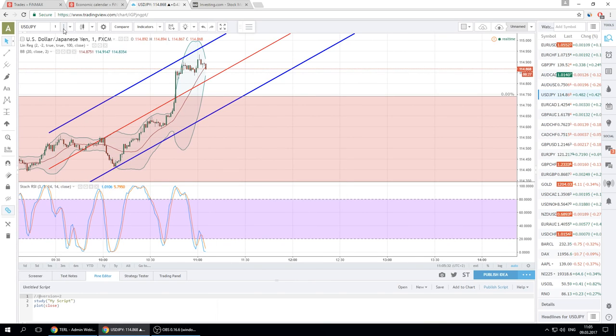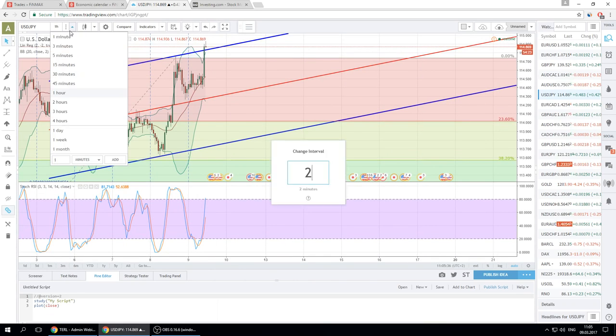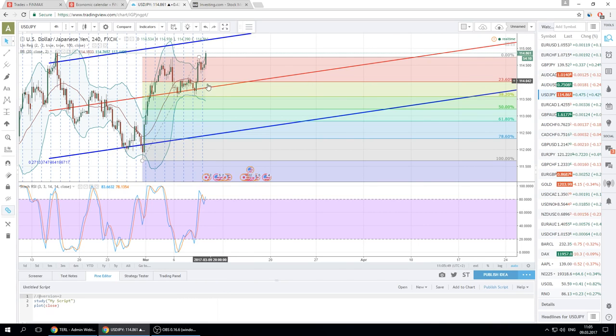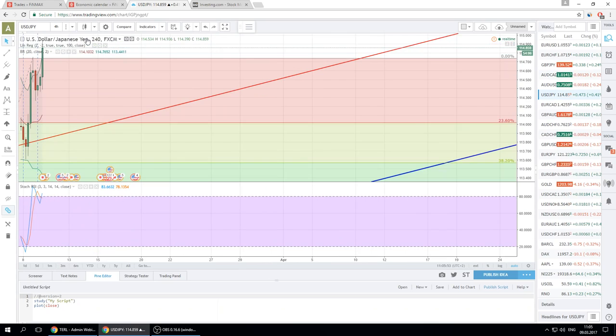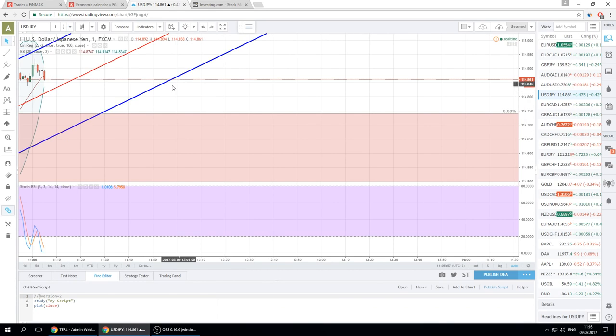I can show you on the longer time frame. You see, here are the Fibonacci lines that also help to analyze the market, to open the trade, to know about the support and resistance levels, to mind them, especially when you are trading for the longer term. But let's come back to our 1 minute time frame.